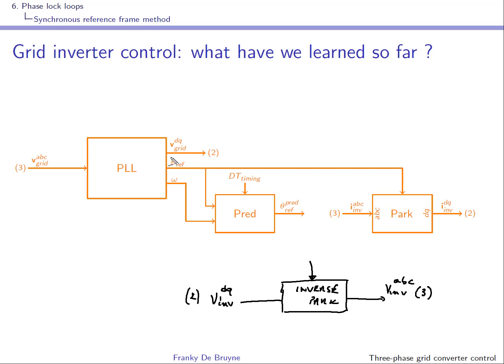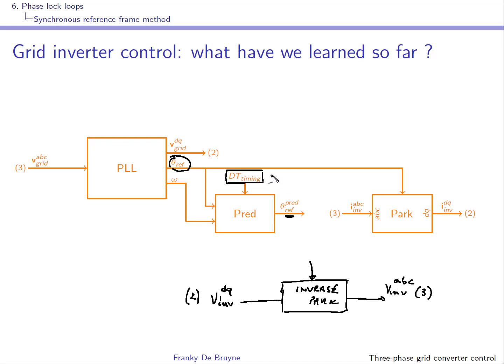You could use the output of the PLL, but it's much better to use a prediction of this reference angle that takes into account the time delays that you have in every control loop, because you need to collect signals, and because you need to compute your control algorithm.